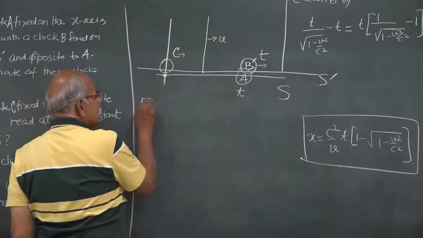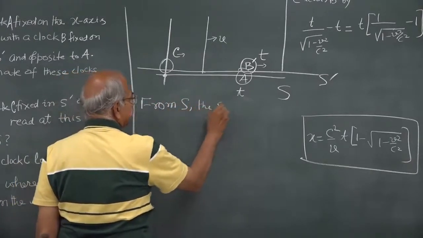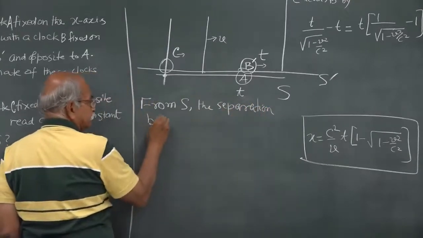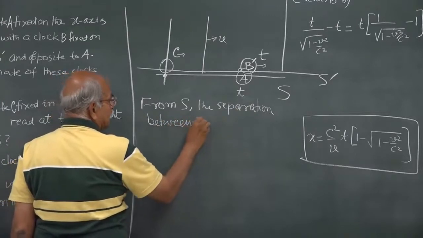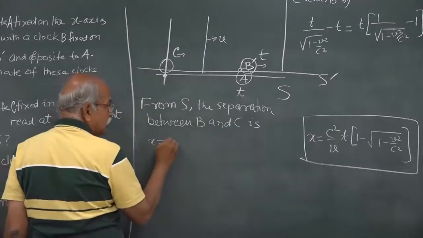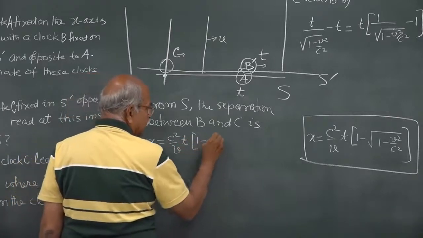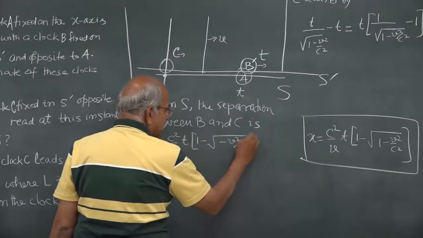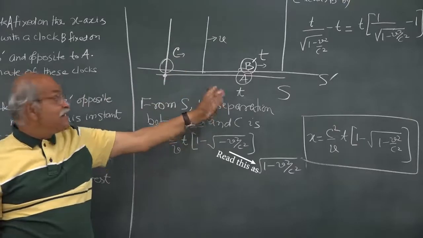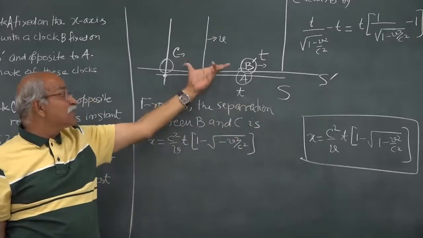So, from S, the separation between B and C is x, and that is c square by V into t, times 1 minus square root 1 minus V square by c square, that is the separation between B and C as seen from S, and in S both of them are moving with velocity V.